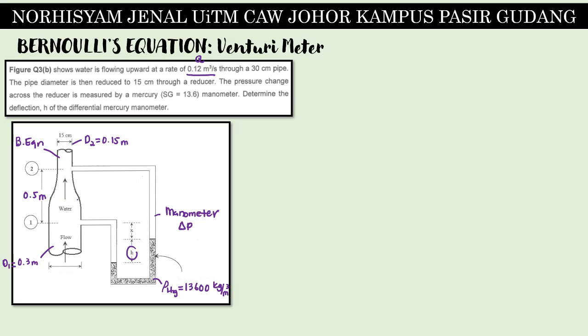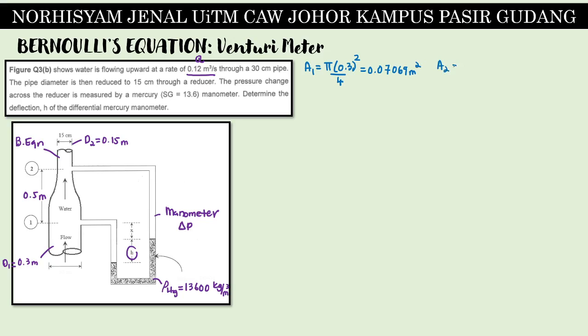Okay, so we can do the same way as we did before from the last question. We prep our study by finding out what is the area for point 2 and point 1. So area for point 1 should be equal to pi 0.3 square over 4, so 0.07069 meter square.